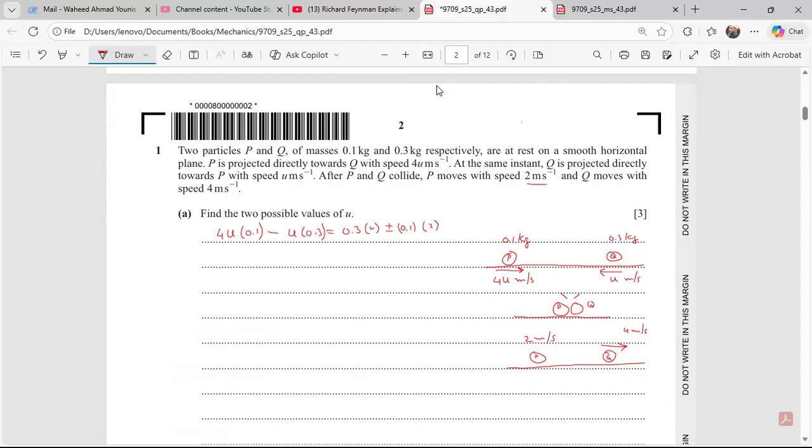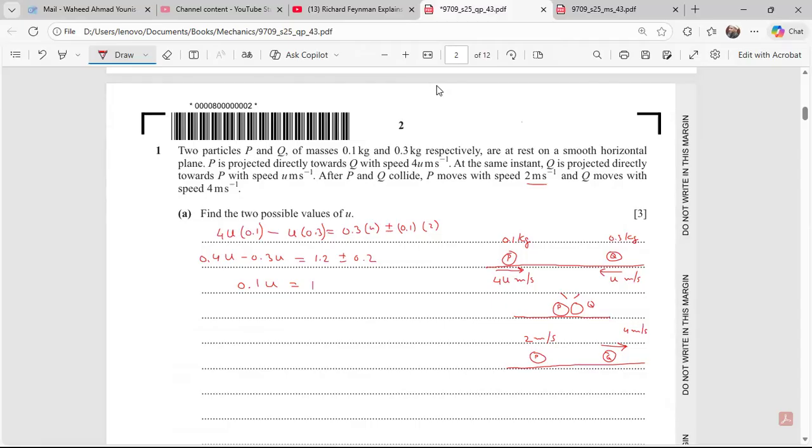You can say this is 0.4u minus 0.3u equals 1.2 plus or minus 0.2. So 0.4u minus 0.3u becomes 0.1u, and this is equal to 1.2 plus or minus 0.2.